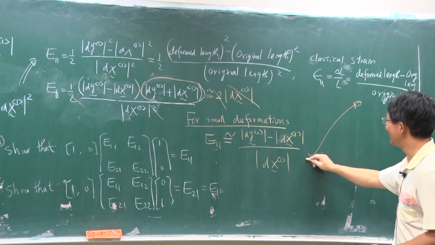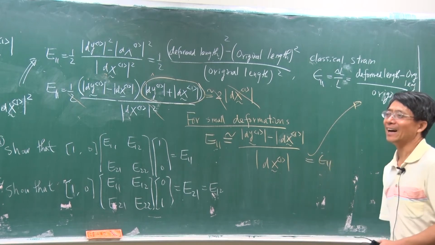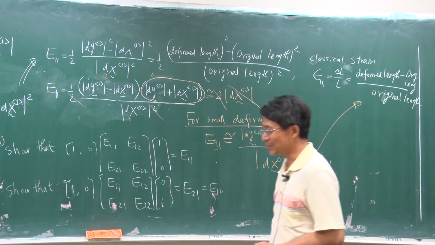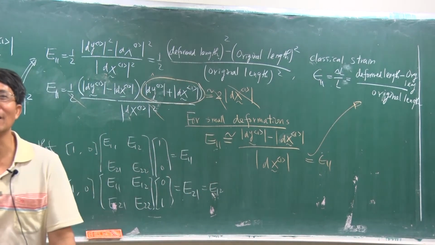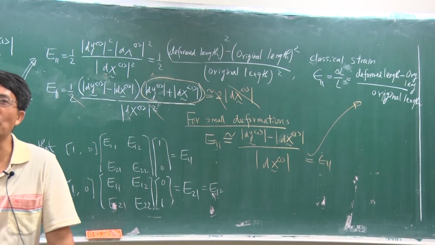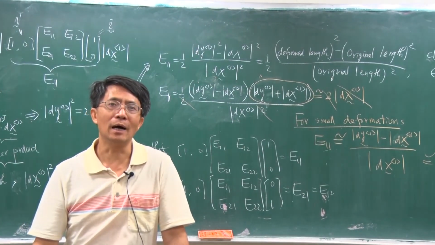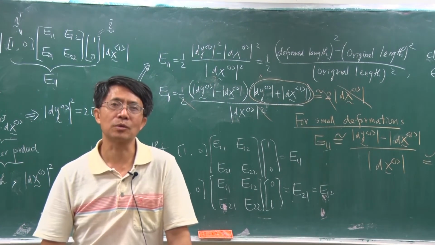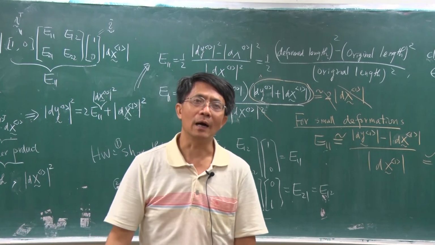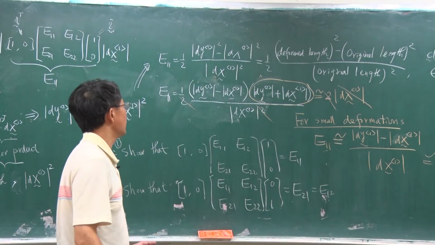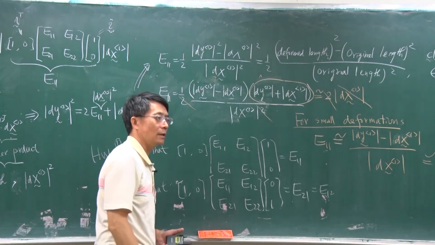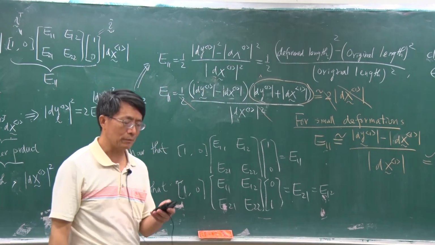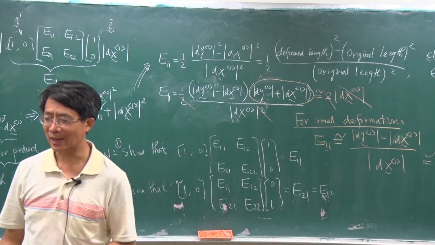So in the limit of small deformation, the component E11 is equal to the classical strain epsilon 11. For large deformation, we have a new interpretation of the component E11.